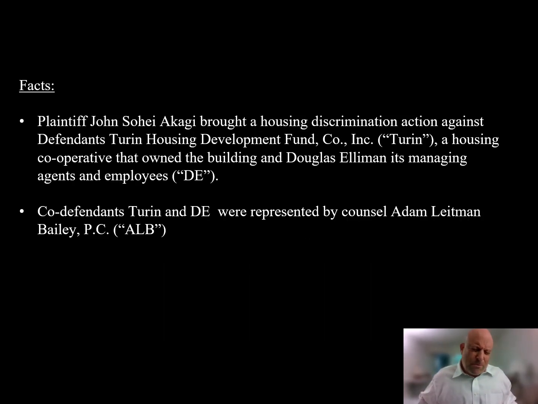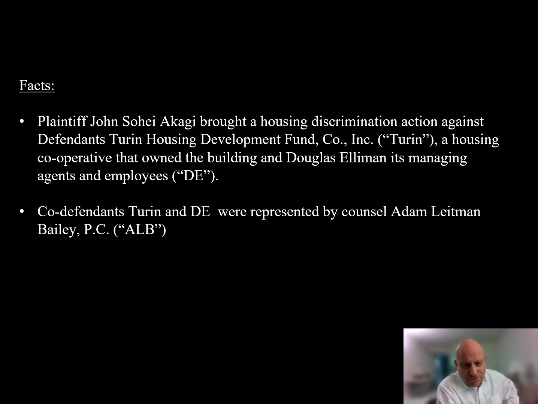All right, so the basic facts of the case, I'm not going to spend a lot of time on. It's not really relevant. So the plaintiff brought a housing discrimination action against an owner of a co-op building, Turin Housing Development Fund. We call him Turin. He was alleging that the co-op was discriminating against Asians and involved in some kind of scheme to avoid selling apartments to Asian Americans.